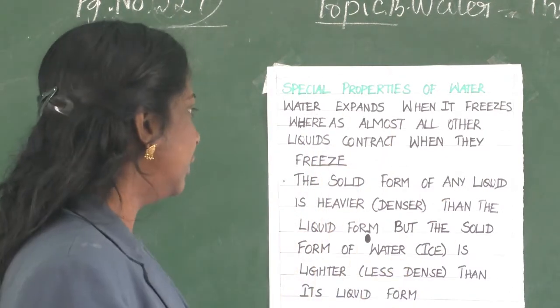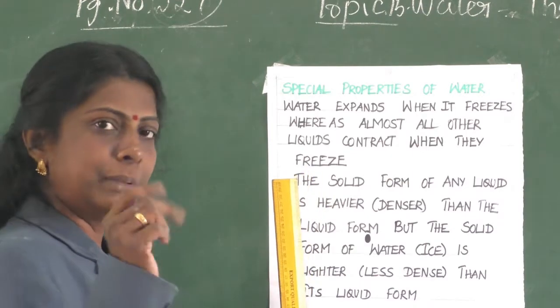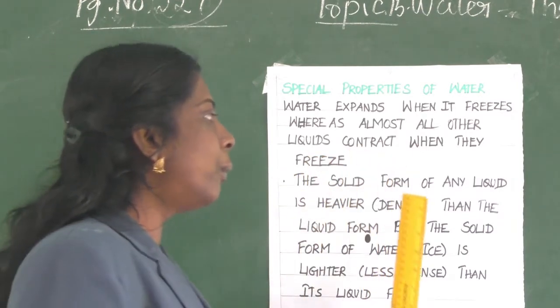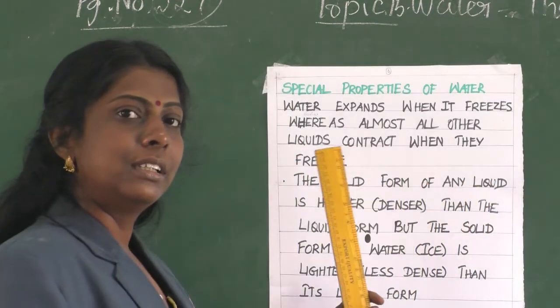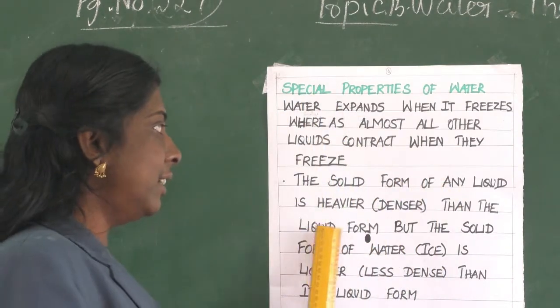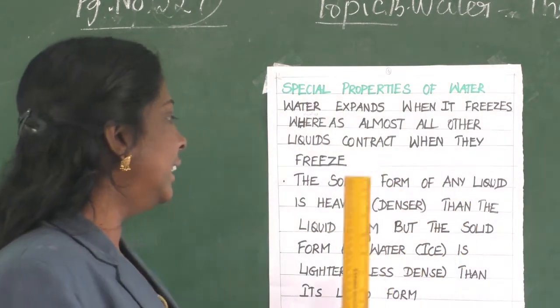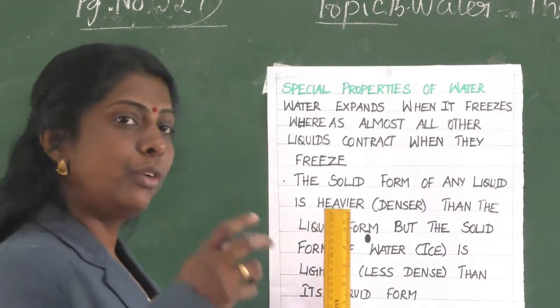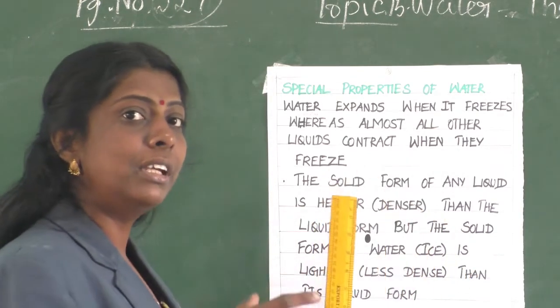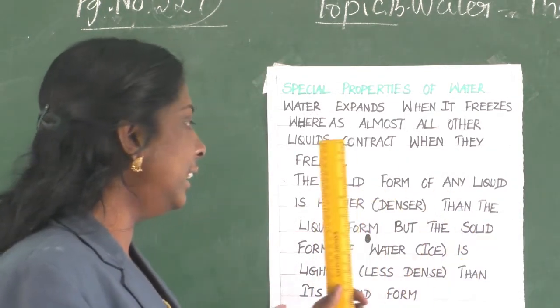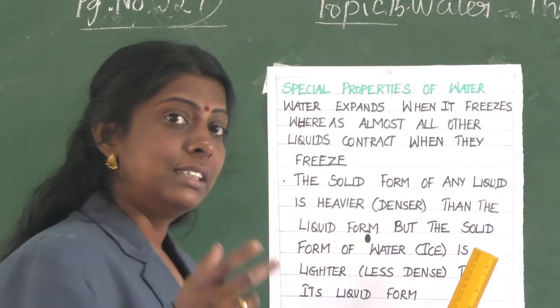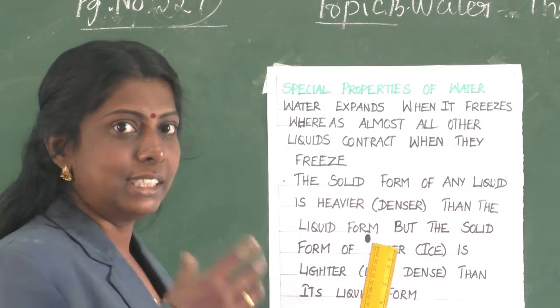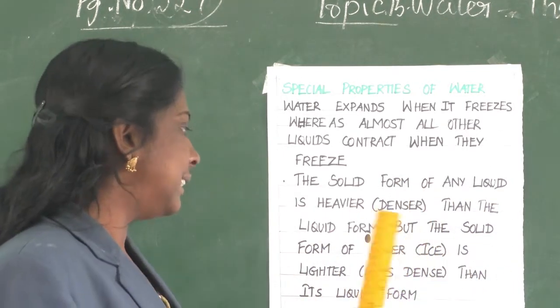Clear? Then, second special property, the solid form of any liquid is heavier or denser than the liquid form. But the solid form of water, that is ice cubes, is lighter.